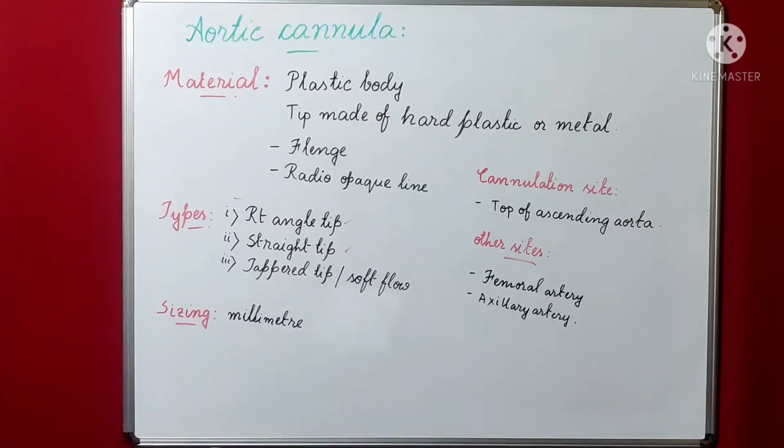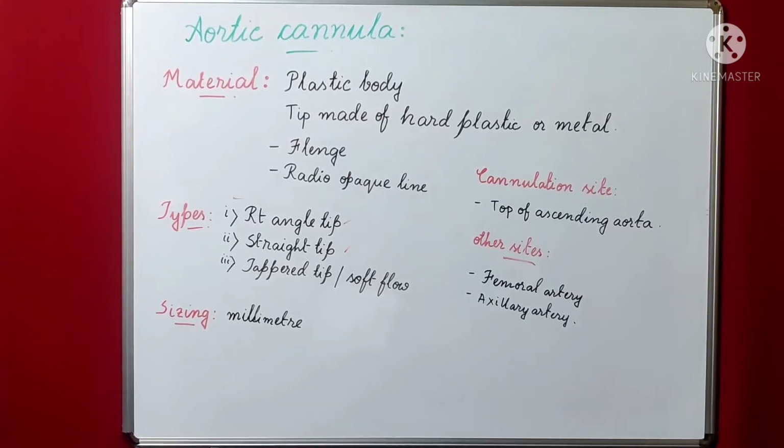Next is the cannulation site. Usually, aortic cannula is placed at the top of the ascending aorta for routine cardiopulmonary bypass, and alternative sites can be the femoral artery or axillary artery. In simple terms, we say that aortic cannulation is done at the top of the ascending aorta.